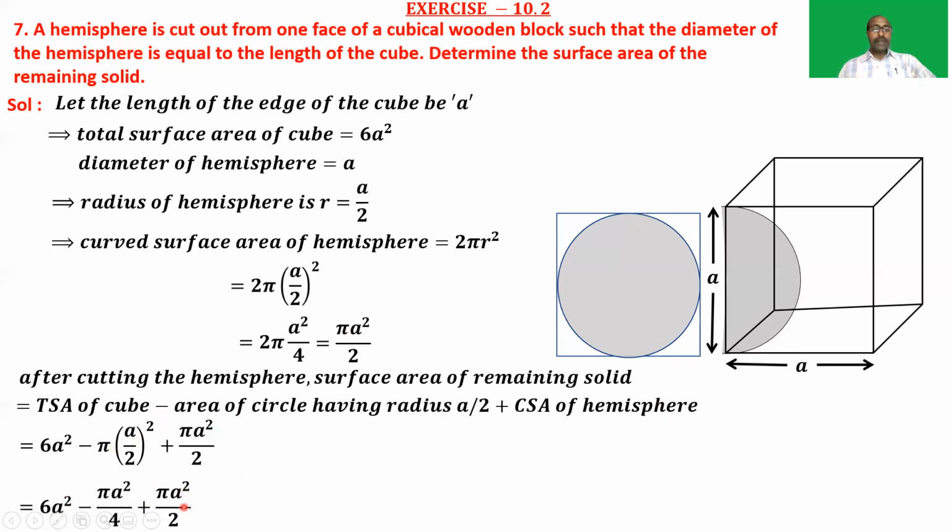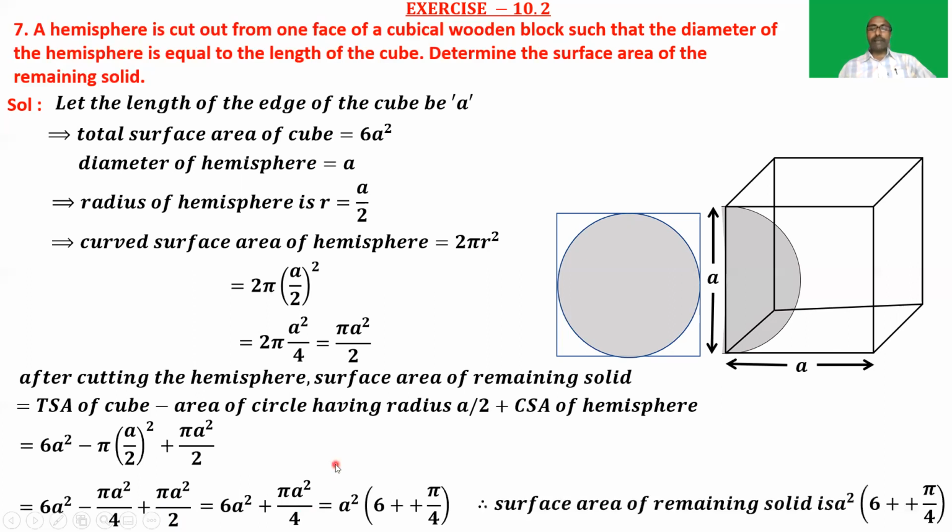It is nothing but subtracting 1/4 of pi a square from half of pi a square, so we remain with 1/4 of pi a square. So this is equal to 6a square plus 1/4 of pi a square. By taking a square common, we get a square into (6 plus pi by 4). So the surface area of the remaining solid is a square into (6 plus pi by 4). Okay, so this is the solution of this problem.